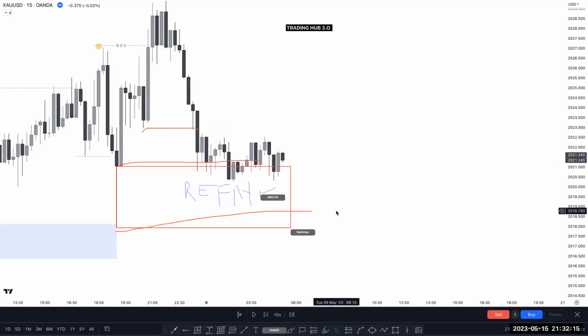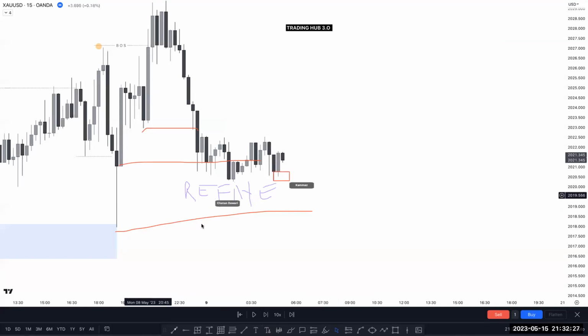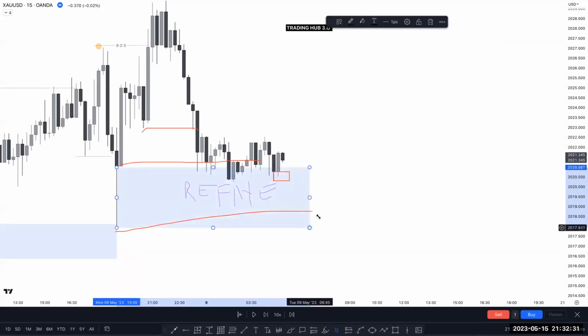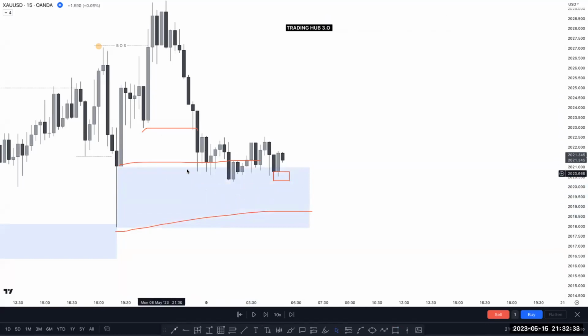Okay, refinement. Perfect. So this is our entire zone. And this is only one POI because after taking out the inducement, we have only one POI and this is decisional and extreme, only one POI.